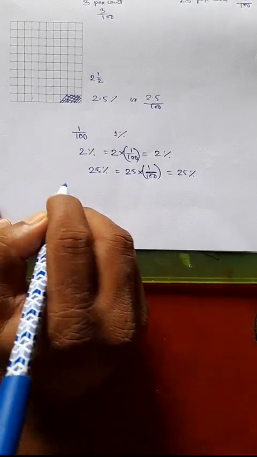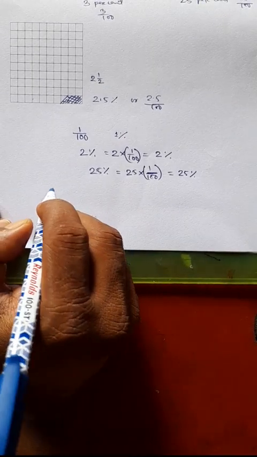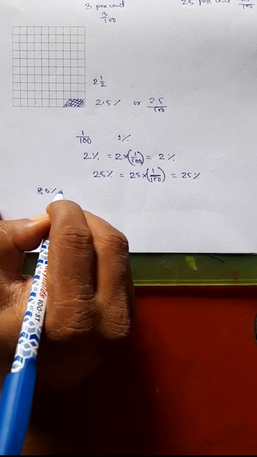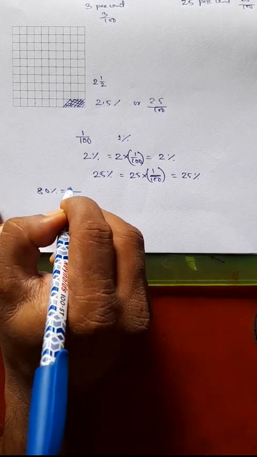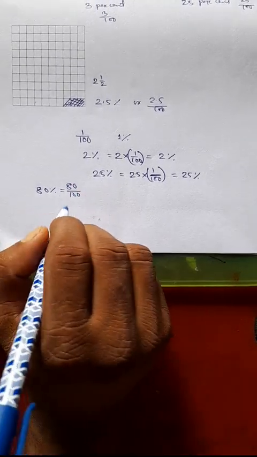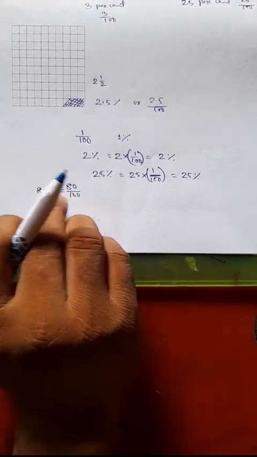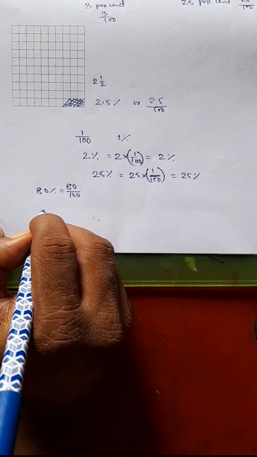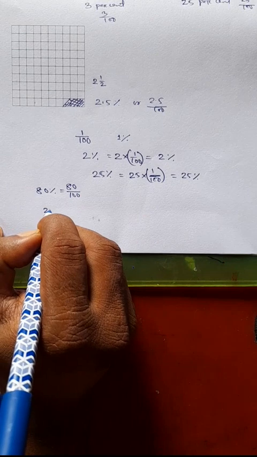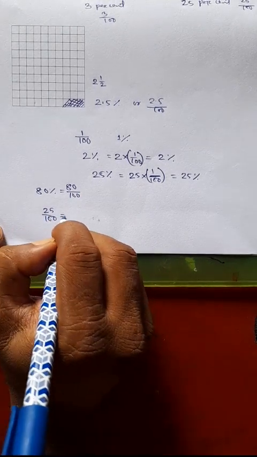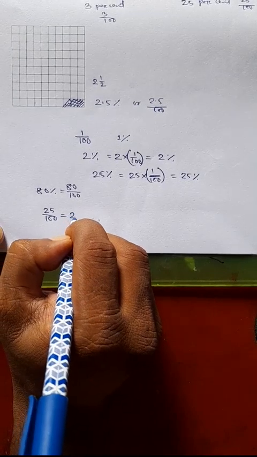So when we express a percentage as a fraction, say for example 80%, we write it as 80 by 100. That means when we eliminate this denominator, we use this symbol, the percentage symbol. If it is 25 by 100, then we eliminate the denominator, 25%.